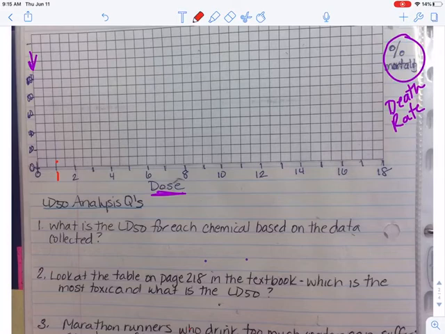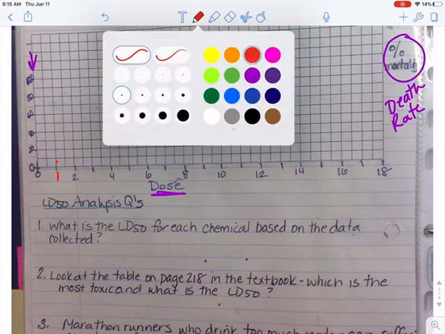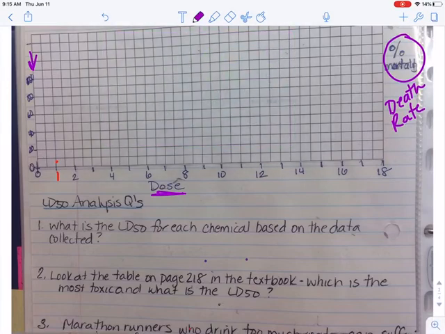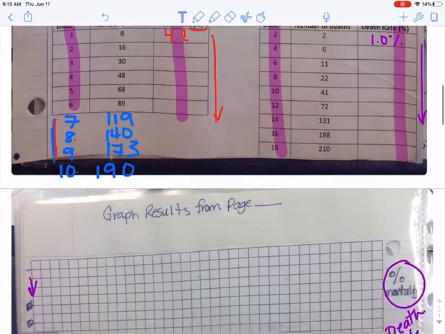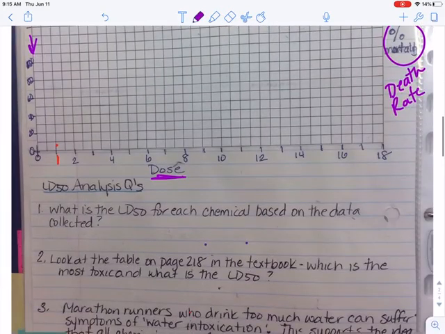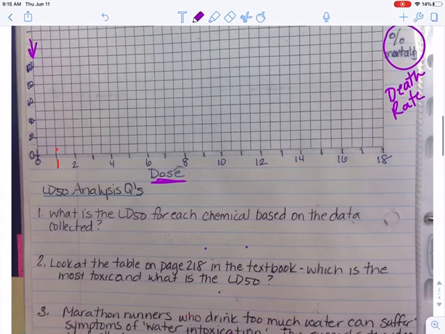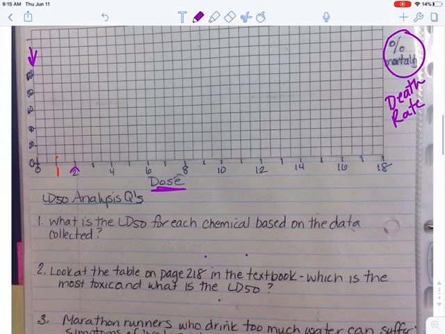And now if we do the same thing with our arsenic, if we look back here, we had 1% after 2 doses. And so 2 doses is right here. And we had only 1%, so it's going to be really low down here.